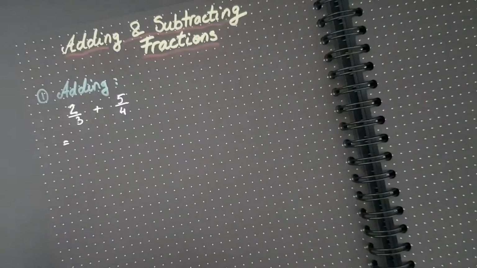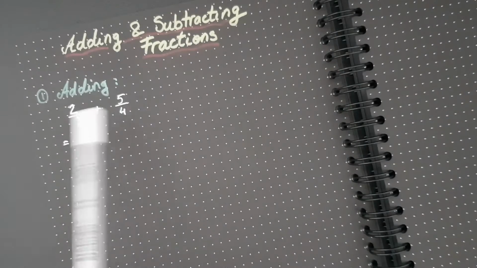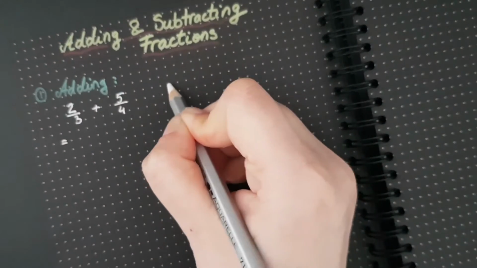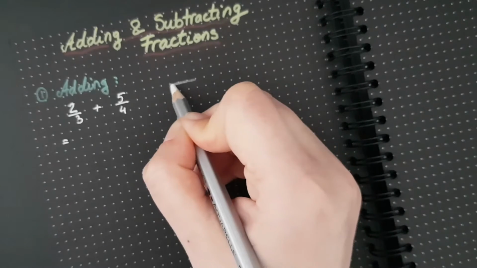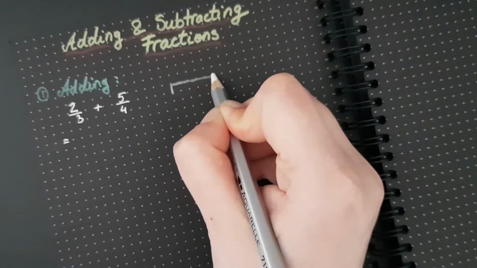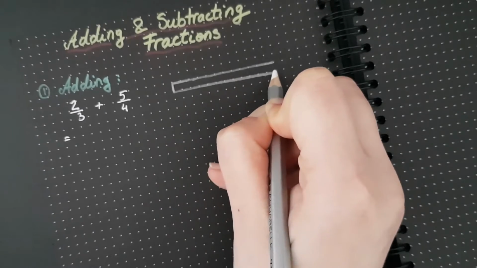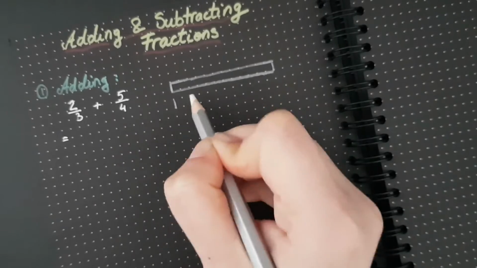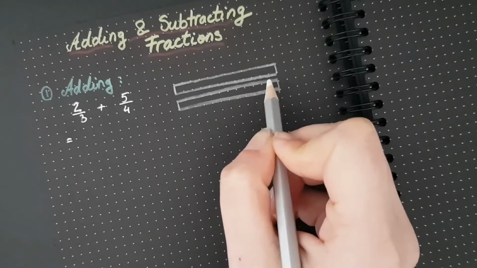Now, before I go on and do anything, I just want to do a little bit of a drawing of this whole idea. I have 2 rectangles, so they're exactly the same.